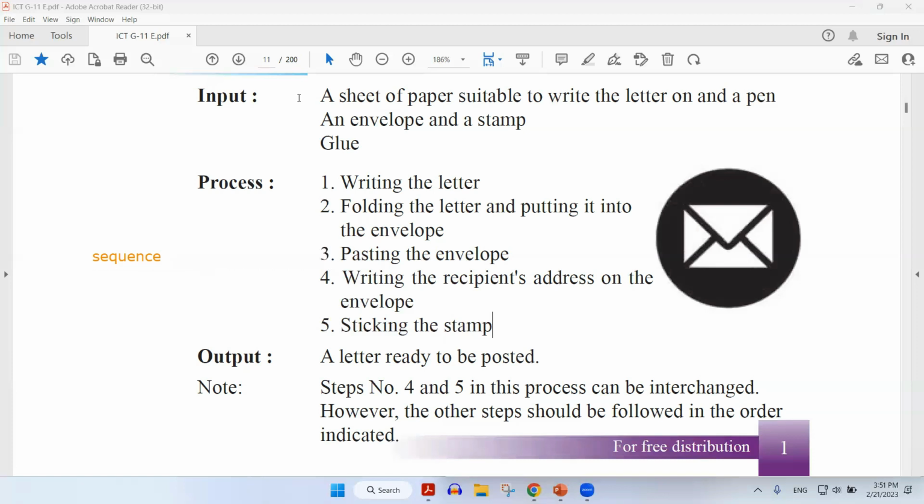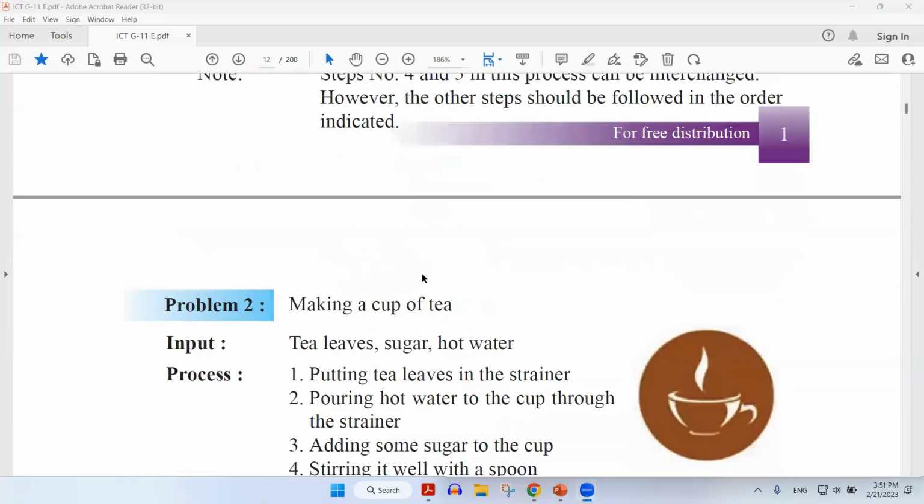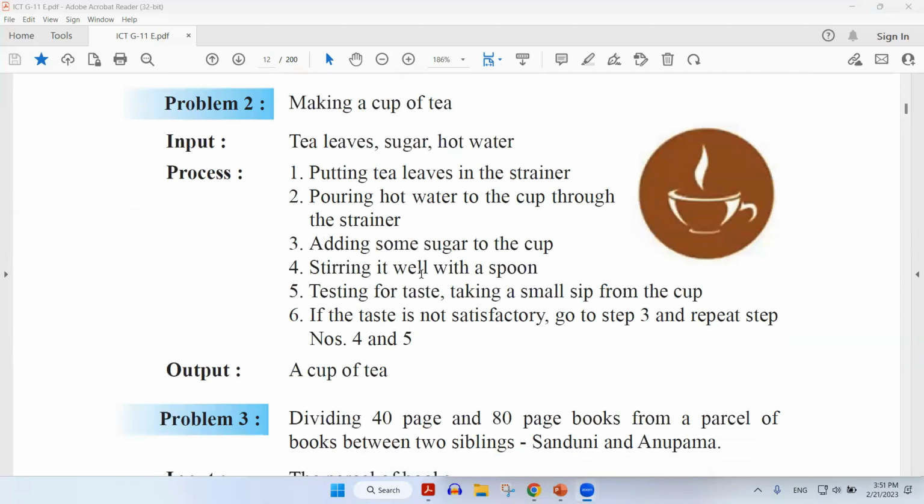So with that, I am moving to the second example. That's the same thing in your book, which is making a cup of tea. This problem gives us another concept of programming, which we call iteration, right?